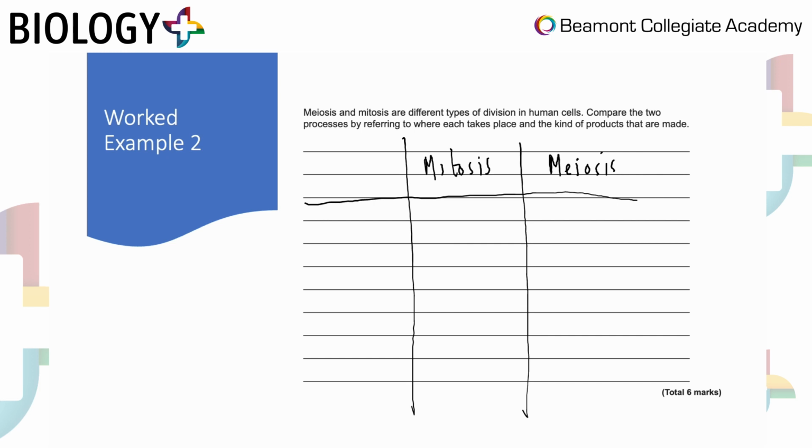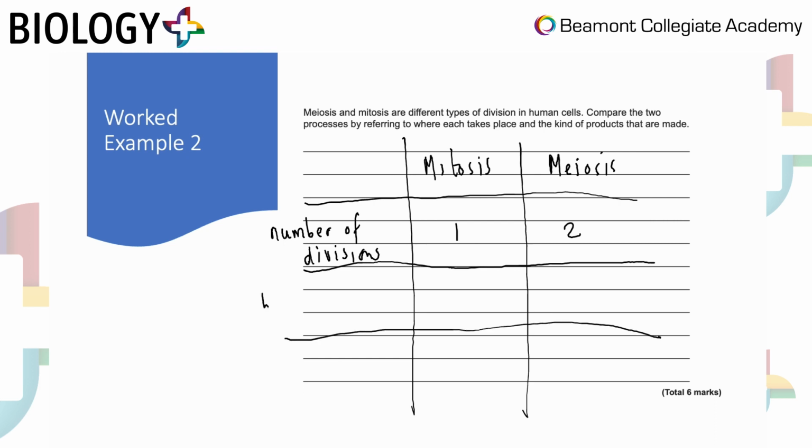Now, I know this is a worked example, but you might want to complete this table. I could start you off. I would say number of divisions. 1, 2.